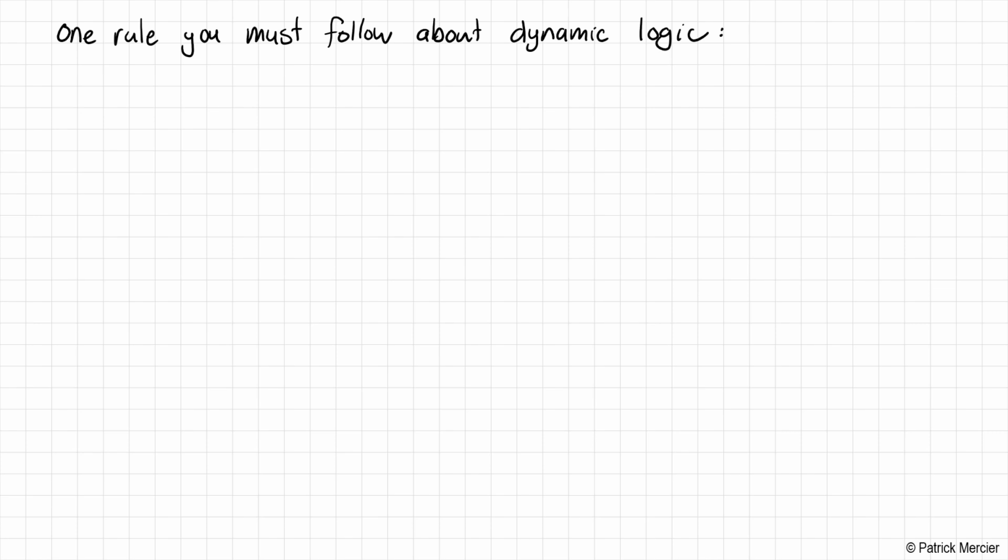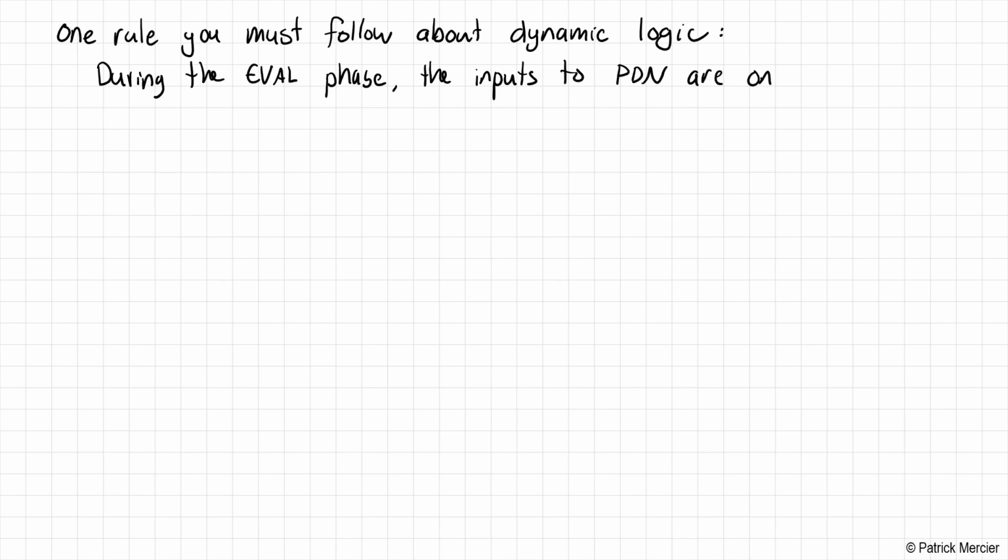Okay, so this rule says that during the evaluate phase, the inputs to the pull-down network are only allowed to do the following.